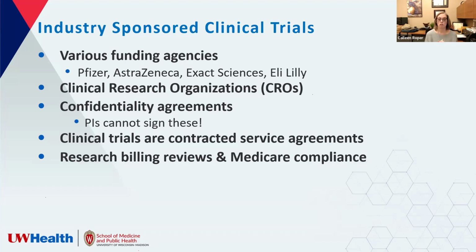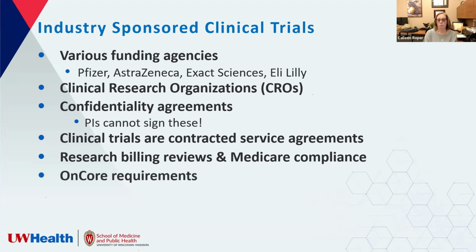So it's important to know that that's happening in the background, much like when you're seeing a patient in the clinical area, whether or not they have insurance, Medicare, or having to pay out of pocket will help guide you as a clinician as to what type of medications you may prescribe to them. Likewise, that same thought has to go into the research activities that are occurring and knowing who's paying for what and when.